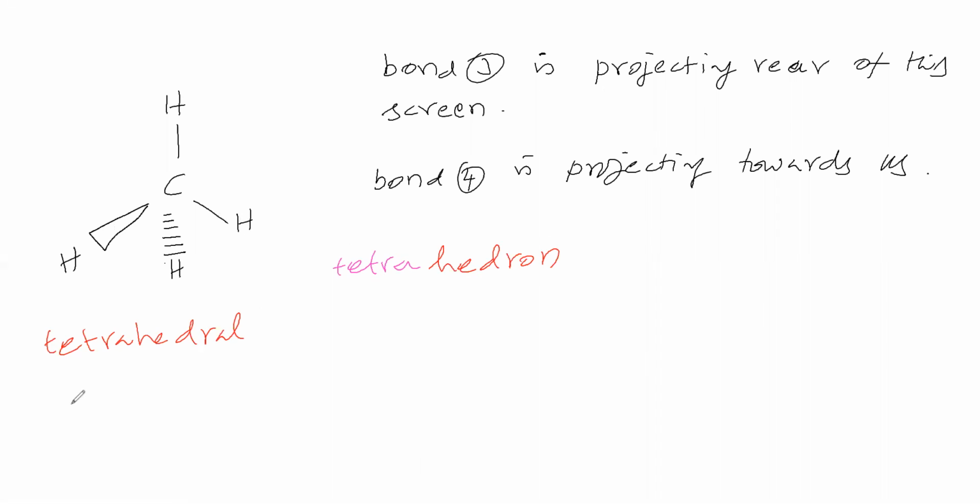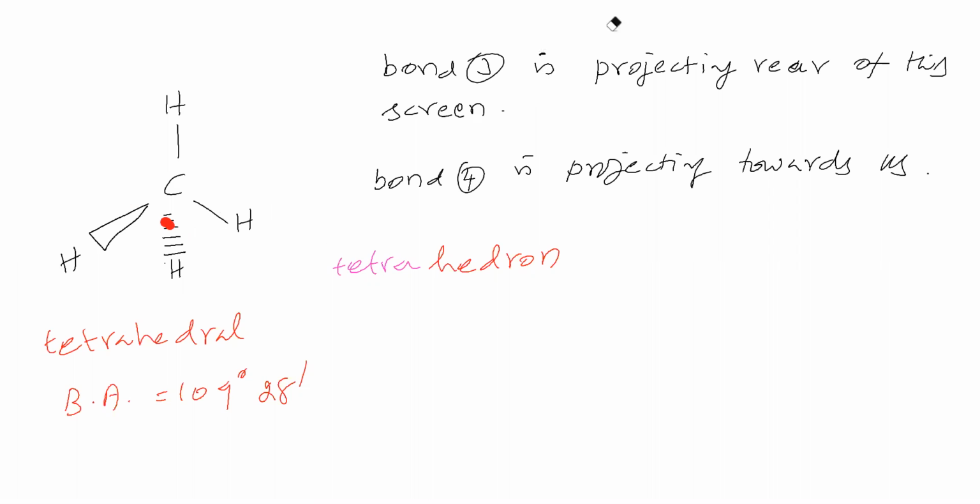What is the bond angle? That we'll see. The bond angle is 109 degrees 28 minutes. Suppose you are seeing this bond angle, it is 109 degrees 28 minutes. Suppose you are taking like this, this is 109 degrees 28 minutes.